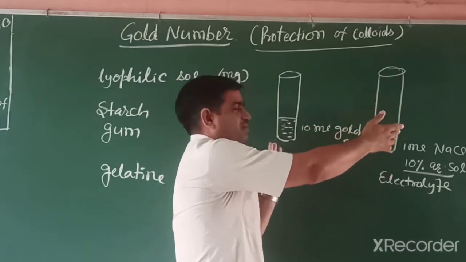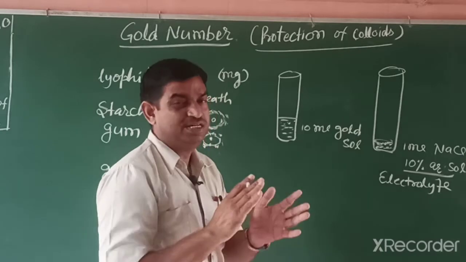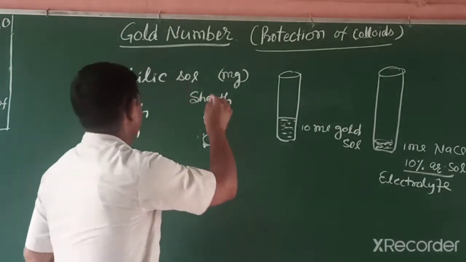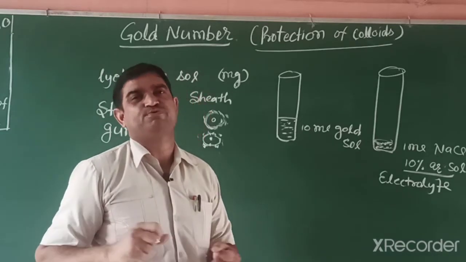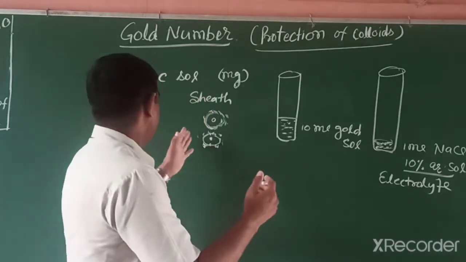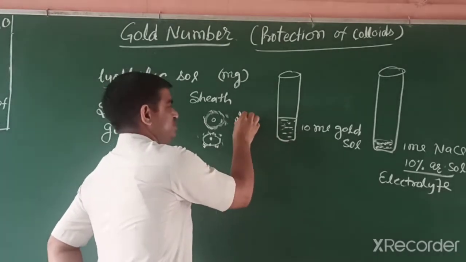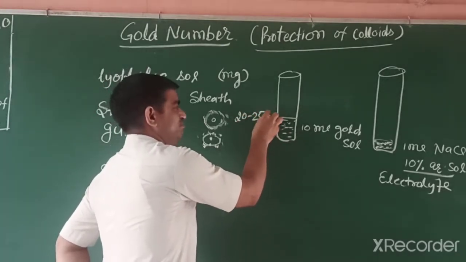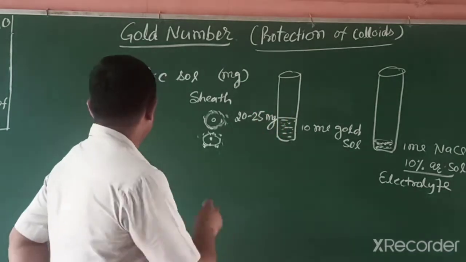That minimum amount is known as the gold number. The lower the amount, the more the protecting power. For starch, we need at least 20 to 25 milligrams. So the starch gold number is 20 to 25.